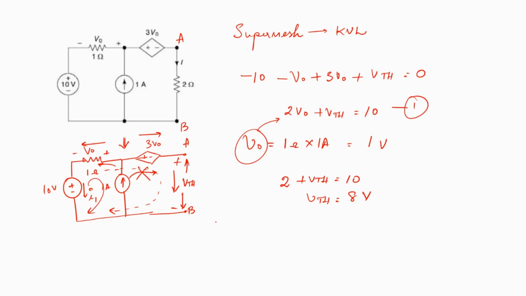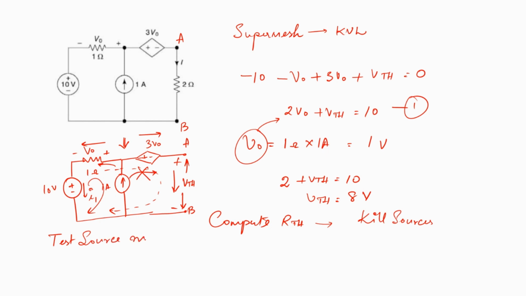Now the next step is to compute RTH. We need to find out the Thevenin's equivalent resistance across the open circuit terminals, and in order to do that, we need to first kill the sources. To compute RTH for a circuit having dependent sources, we need to apply the test source method.